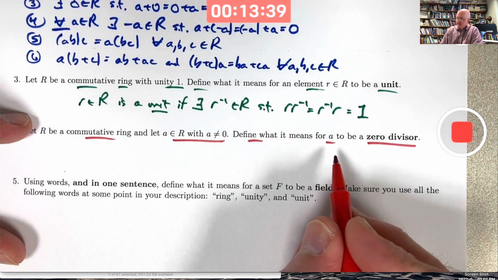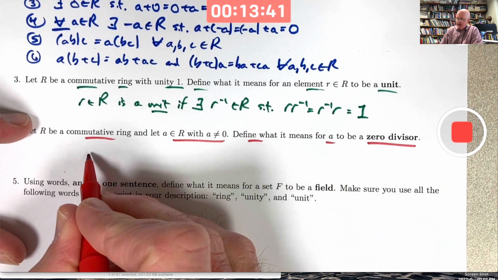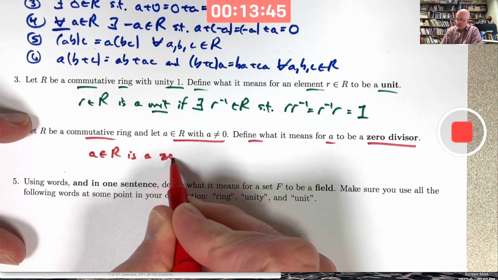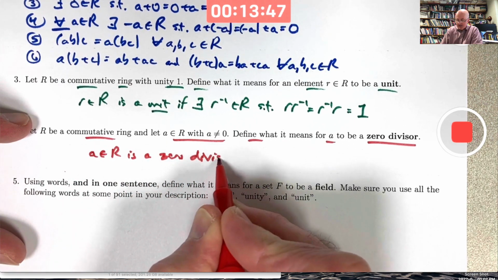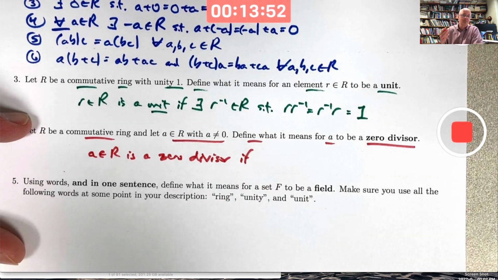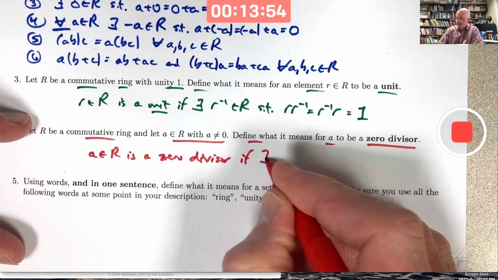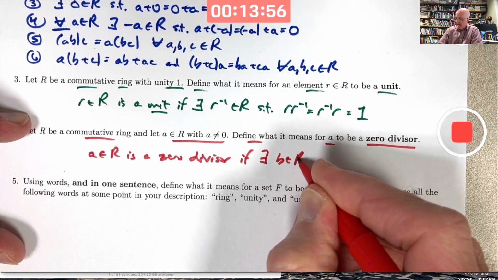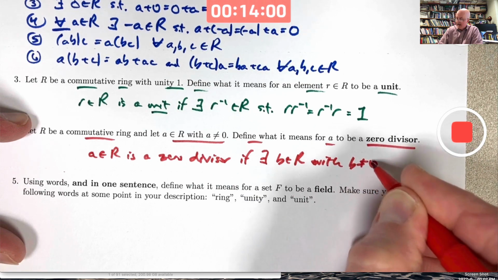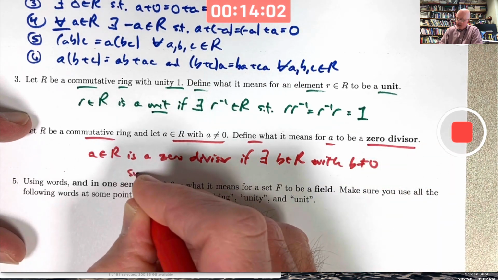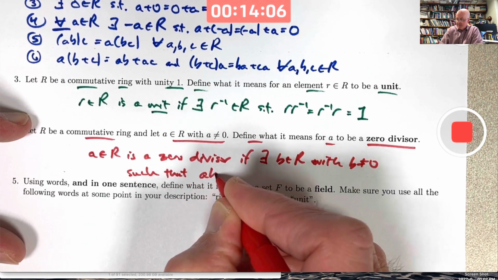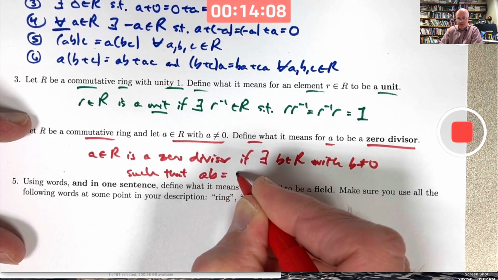What does it mean for a to be a zero divisor? It means a in R is a zero divisor. Notice a is not 0. If there exists some other non-zero element, there exists a b in R with b not equal to 0, such that a times b does equal 0.